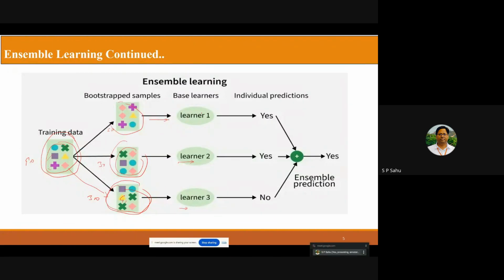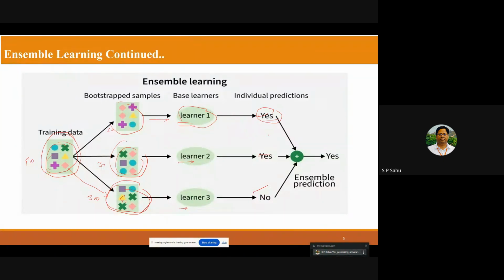Based on capturing the important aspects of the data, basically the concept or the features behind this particular sample data, they will classify the data as per their own features and capability, and they may give a yes or no based on their learning and training of the particular sample from their own model.